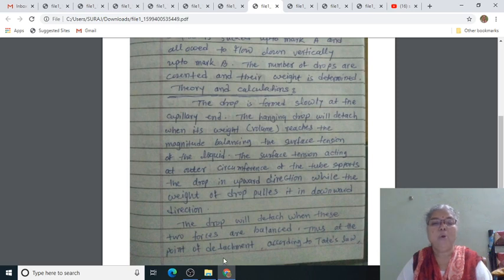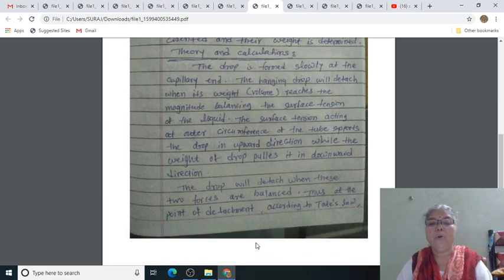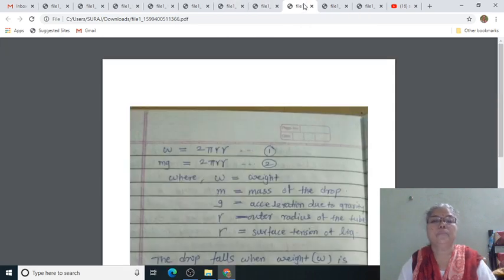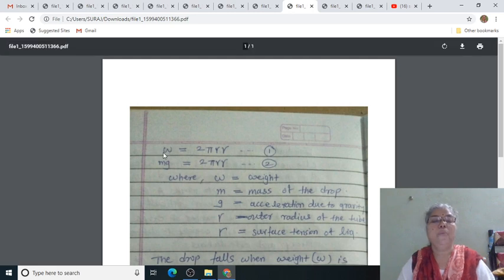Thus, at the point of detachment, according to Tate's law, the weight of the drop W is equal to 2 pi r into gamma.